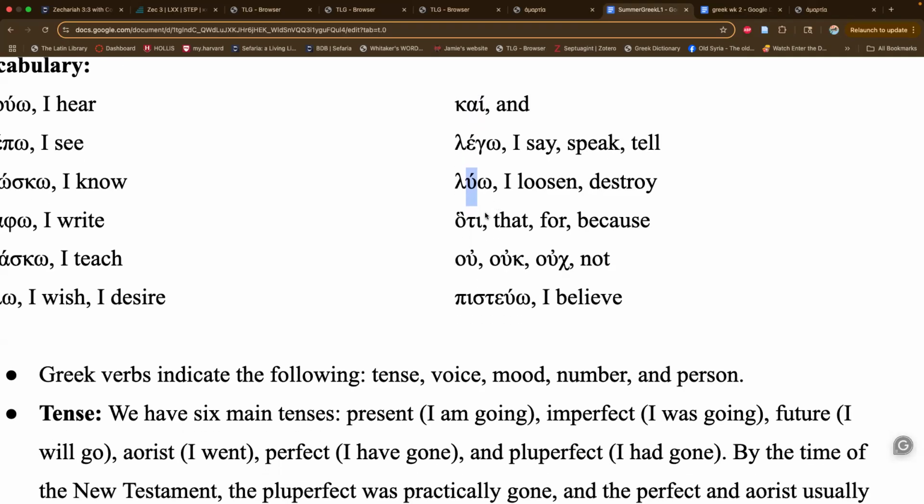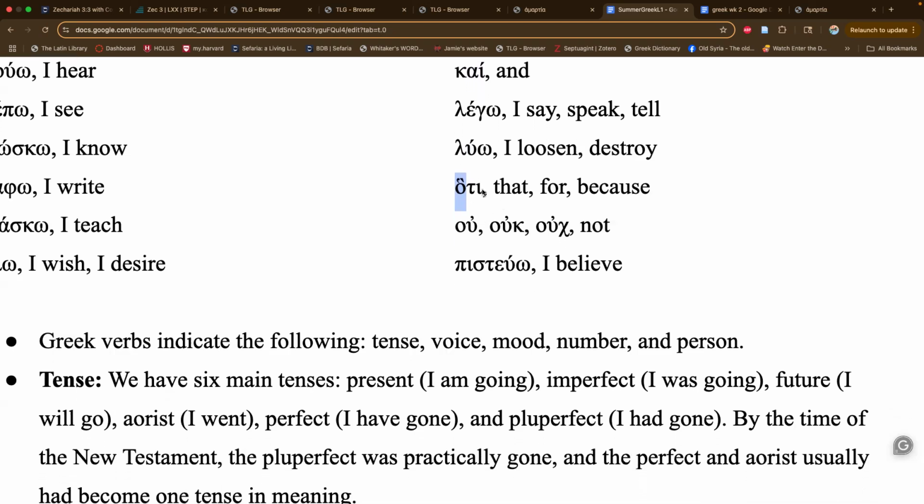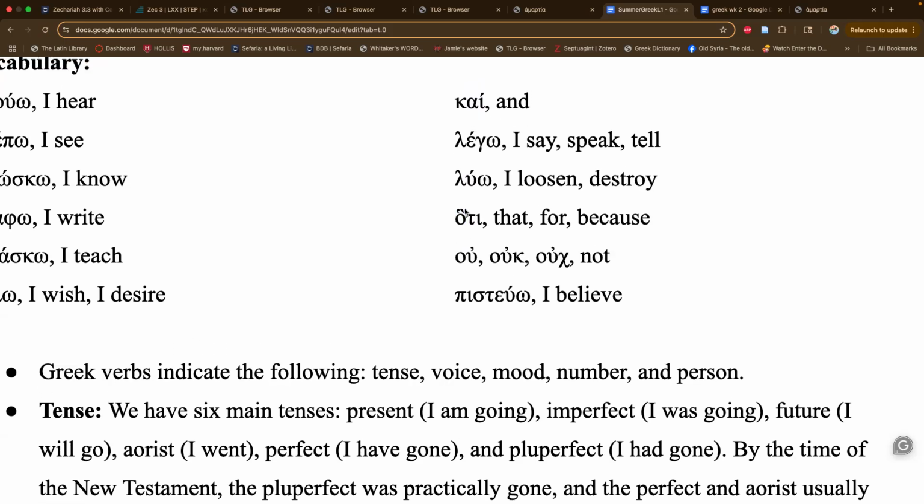The next one, if we look here, something also to note is that with breathing marks, if the emphasis is on the beginning of the word and the beginning is a vowel, you can sometimes have both an accent and a breathing mark. So this one has the rough breathing, so we have the rough breathing mark there.